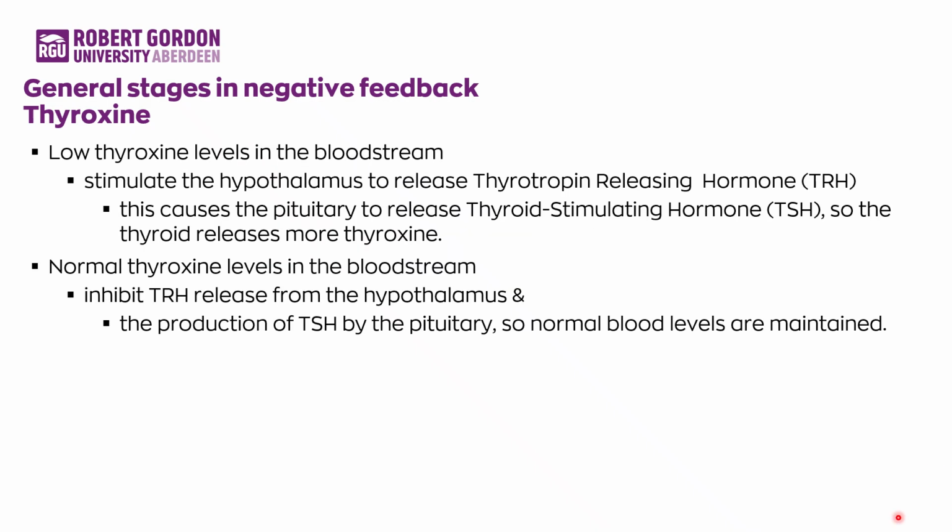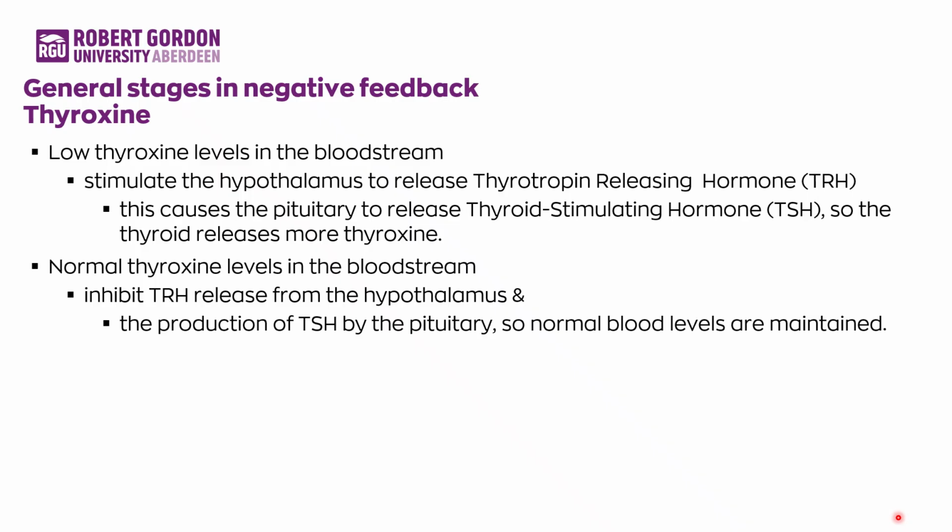When there are low thyroxine levels in the bloodstream, it stimulates the hypothalamus to release TRH, the thyrotropin releasing hormone. This causes the pituitary to release thyroid stimulating hormone, so the thyroid releases more thyroxine, and normal thyroxine levels in the bloodstream occur.